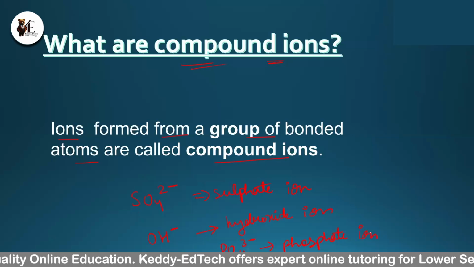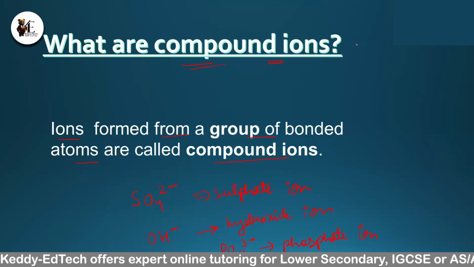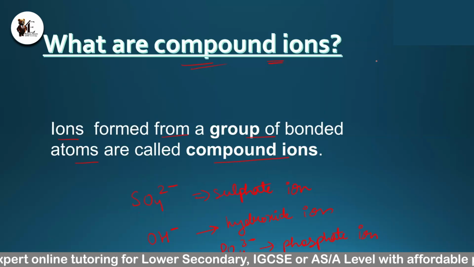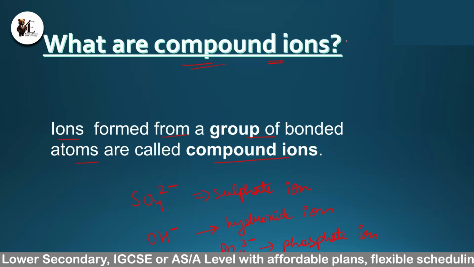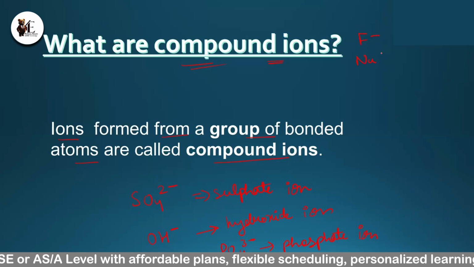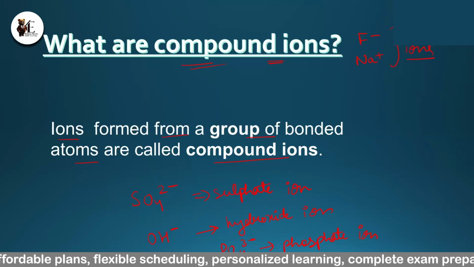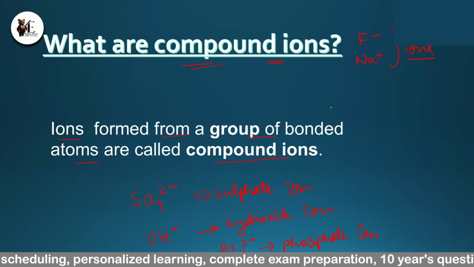Is it clear what are compound ions? Yes. These are not compound ions: F minus, Na plus. These are simple ions. Write it down. I've written it down.